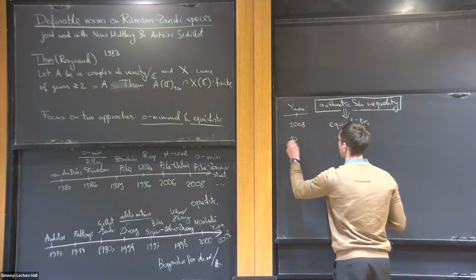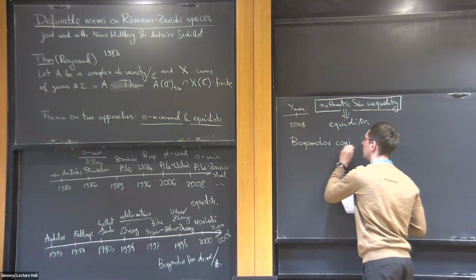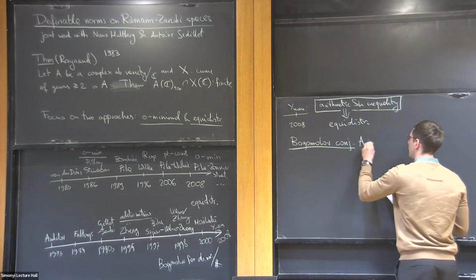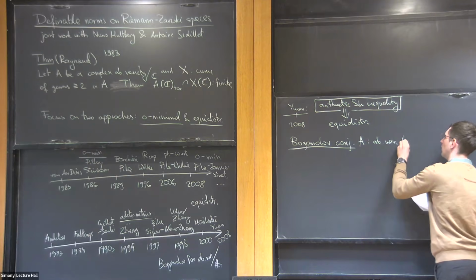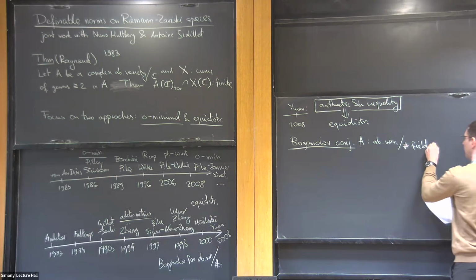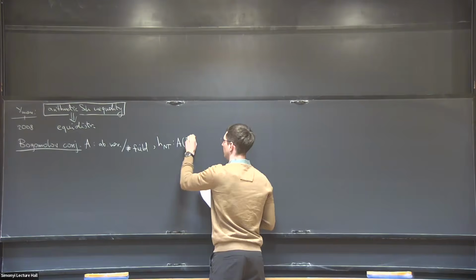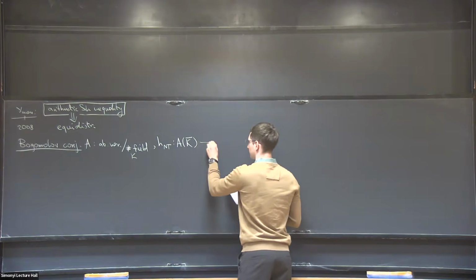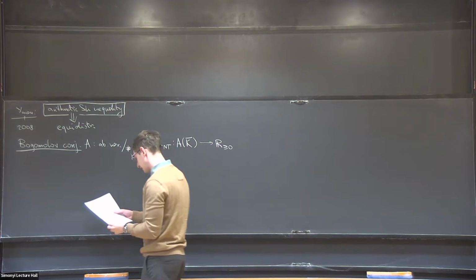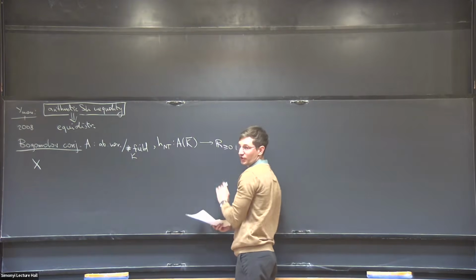So maybe let me recall the Bogomolov conjecture, proved by Zhang and Ullmo for number fields. So if A is an abelian variety over a number field, say our number field is K, we can hook up this function called the Néron-Tate height, and then it's zero if and only if a point is torsion.